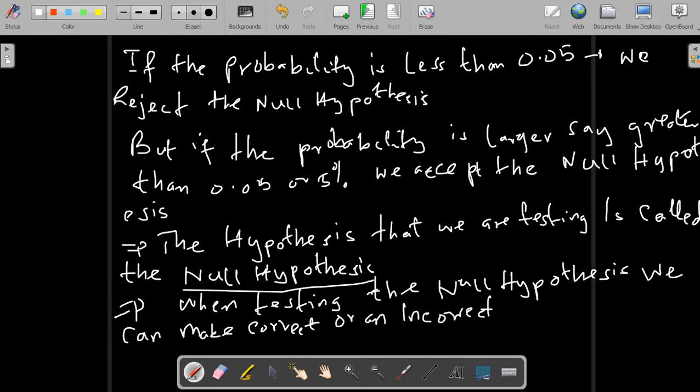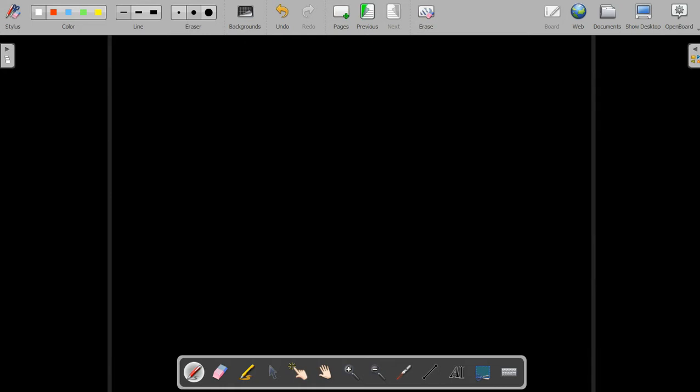We make a correct conclusion when we reject the null hypothesis when it is false. But also we make a correct conclusion when we accept the null hypothesis when it is true.